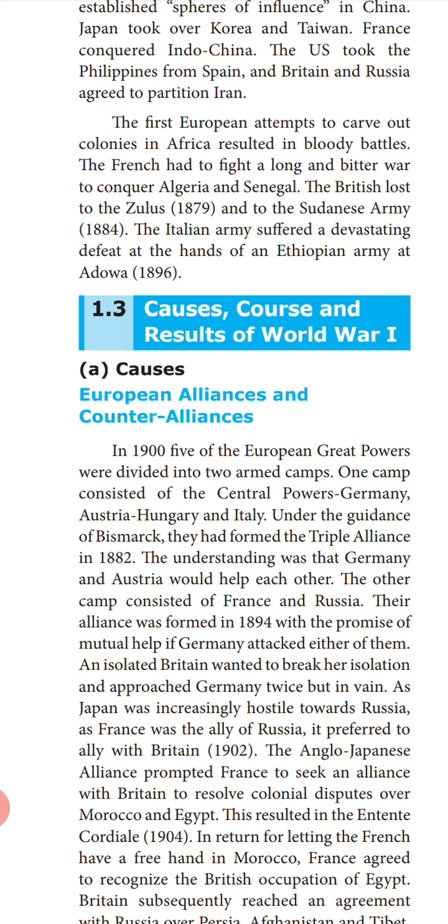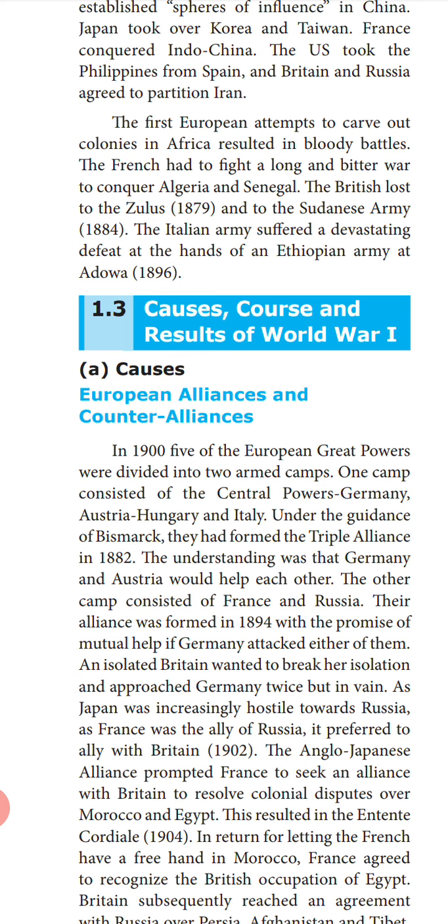Under the guidance of Bismarck, they had formed the Triple Alliance of three countries, Germany, Austria-Hungary and Italy. These three countries joined together, and they were called the Triple Alliance. They formed it in 1882.